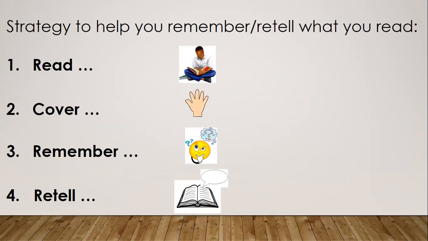Step one, as we remember, was to read as much as you think that your hand will cover. Step two is to cover what you have read with your hand. Step three is to remember, think about what was important, what you read. And step four, retell, either thinking about in your head or talking to a partner or telling an adult who's nearby.